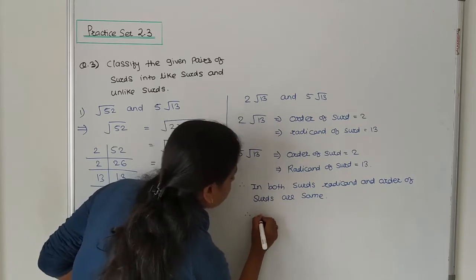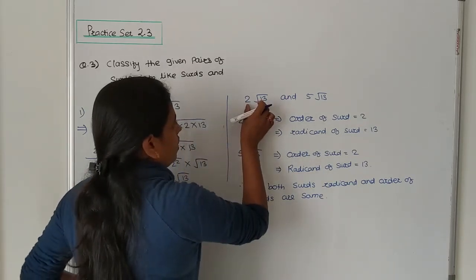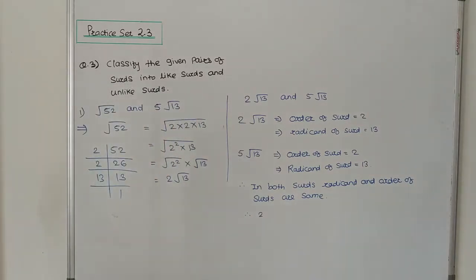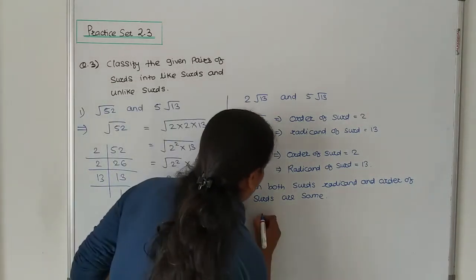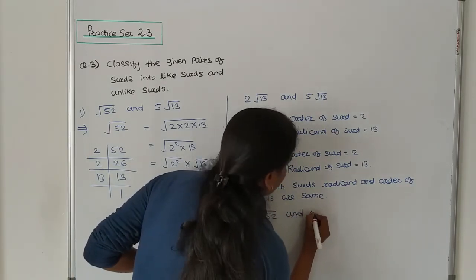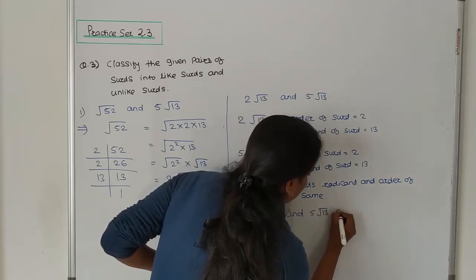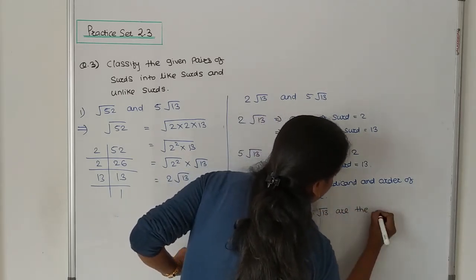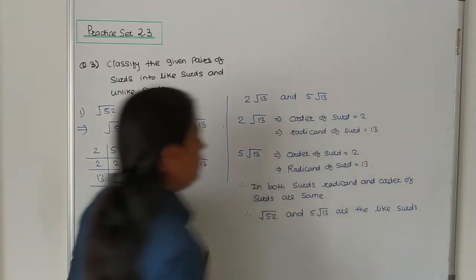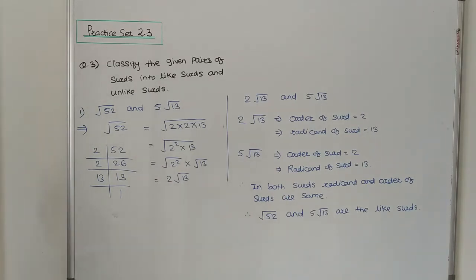Therefore we can call it like this: root 52 and 5 root 13 are like surds. In this way we have to solve the questions. If you want to write this, take a screenshot of it. Now we have to solve the next question.